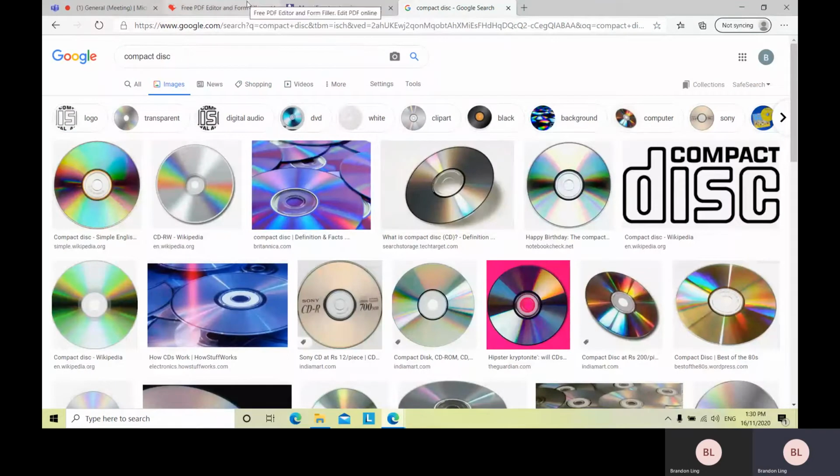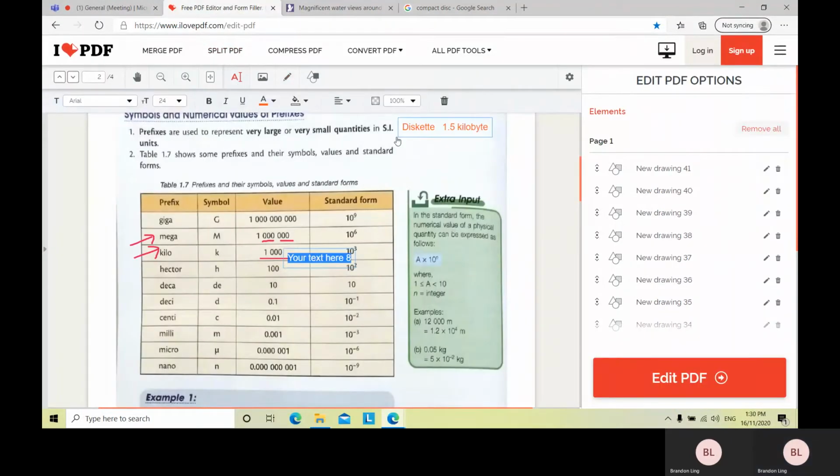This CD previously had a capacity of about 500 megabytes. If you convert this megabyte to kilobyte, you get 500 multiplied by another 1,000 kilobytes. So you can see that a compact disc has more storage space than the diskette.